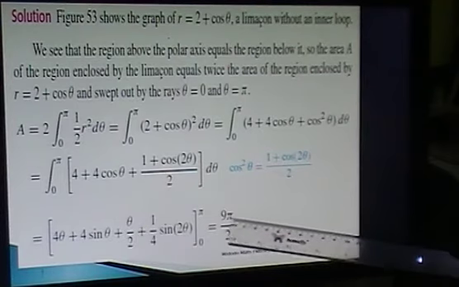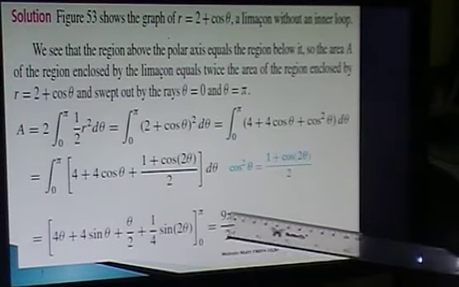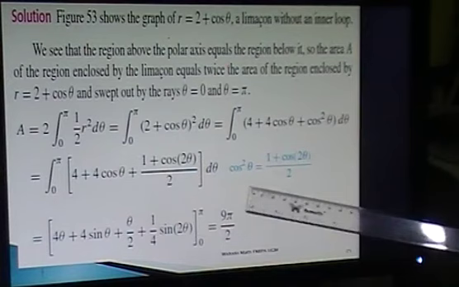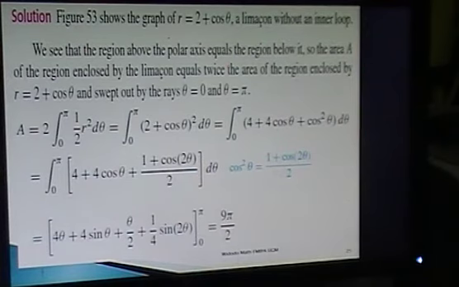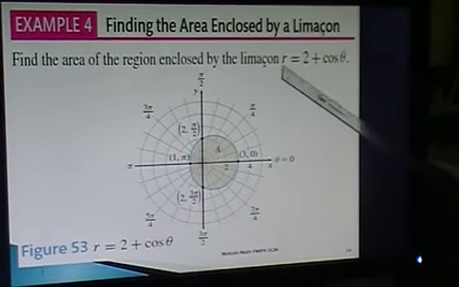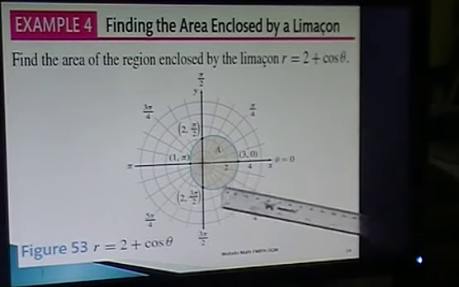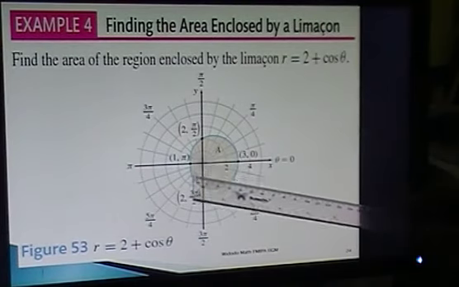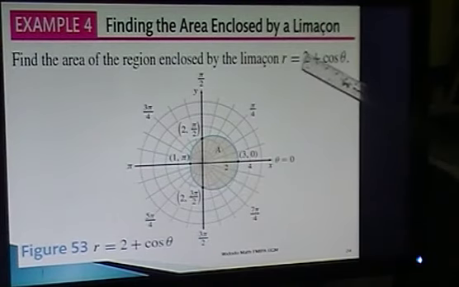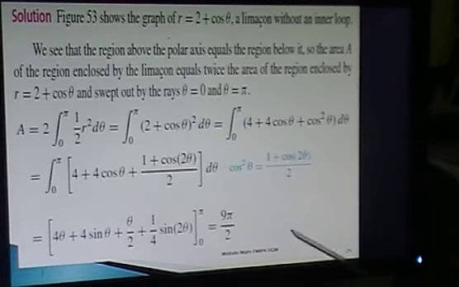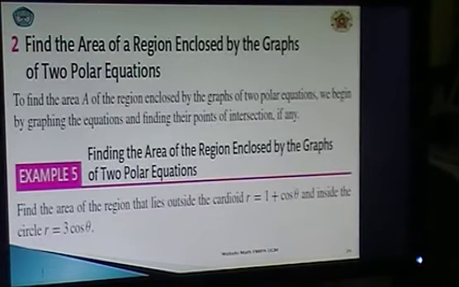We can have that the integral is 9 pi divided by 2. So the area of the limaçon r is equal to 2 plus cos theta, the area is equal to 9 pi divided by 2 units.